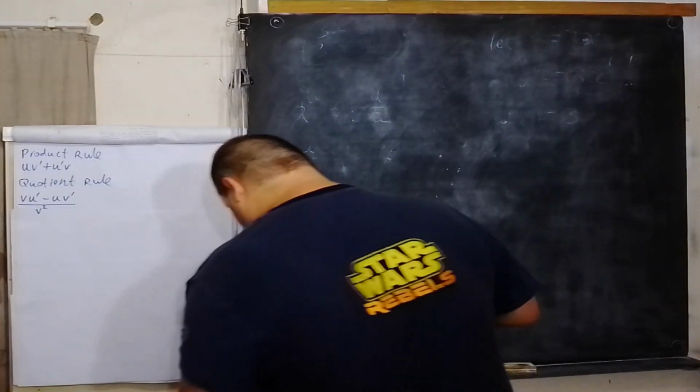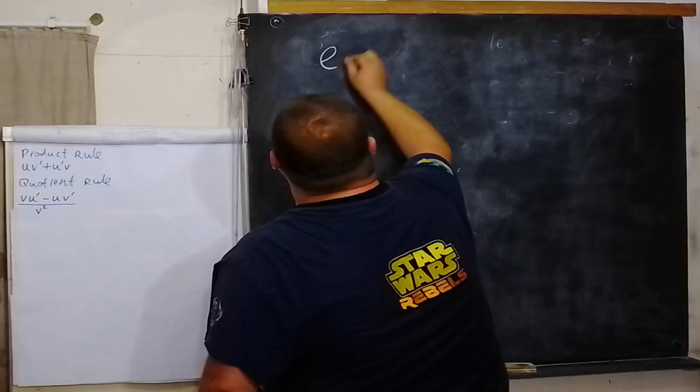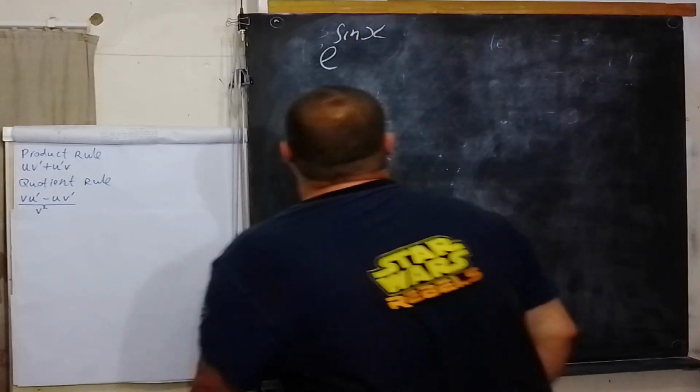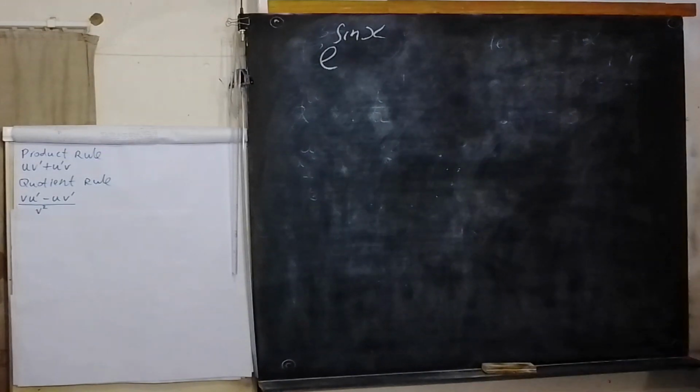Next sum is e to the power sine x. So what we have to do now is use substitution again.